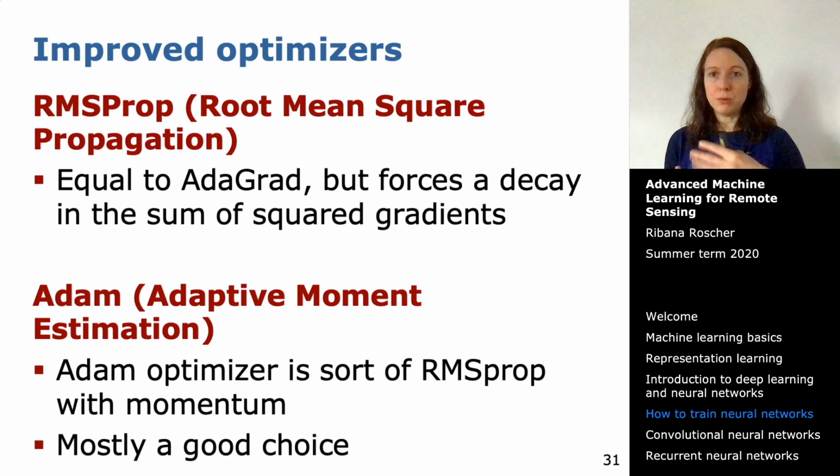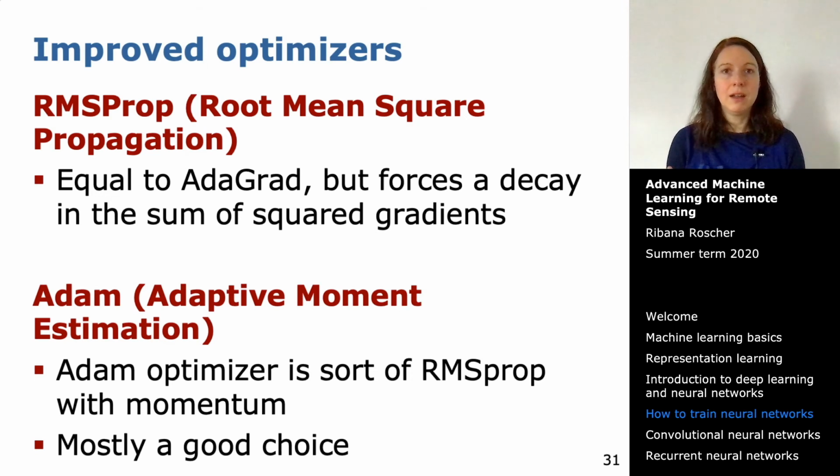So it's not that you apply them all the time in the same way so that it grows larger and larger, but you have a decay in which you sum the gradients over time. So Adam is mostly a good choice.